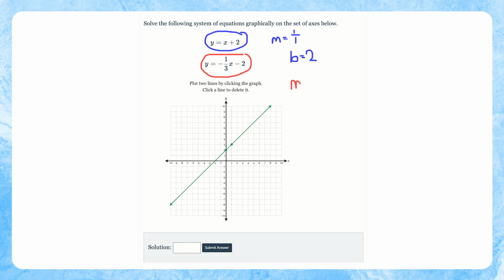Now let's take a look at the second equation. Our slope is -1/3. And then our y-intercept, or our b value, is at -2.